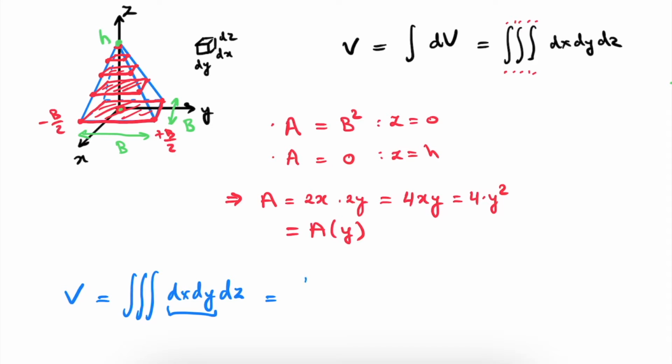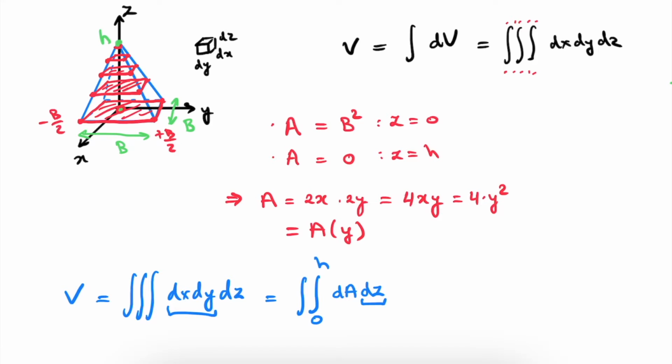This means that we are reducing our triple integral to a double integral. We have dA and we are still integrating over dz. This simply means that we integrate over dz from 0 to h, and at each point of z we are integrating the cross-section at that point.